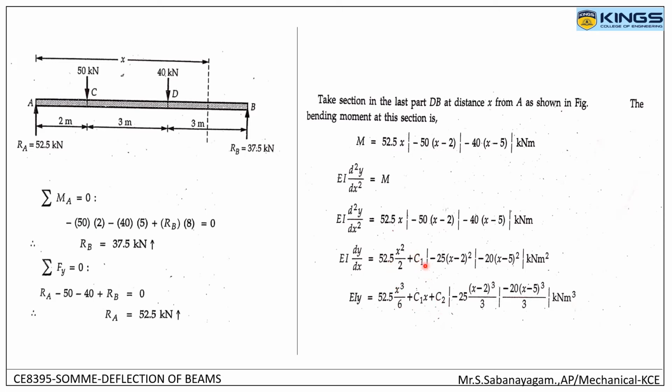C1 is the constant; on integrating, C1 becomes C1 x plus C2, the second constant. Minus 25 into x minus 2 whole square becomes x minus 2 whole cube by 3, and minus 20 into x minus 5 whole cube by 3, kilonewton meter cube, right? This will be the deflection.